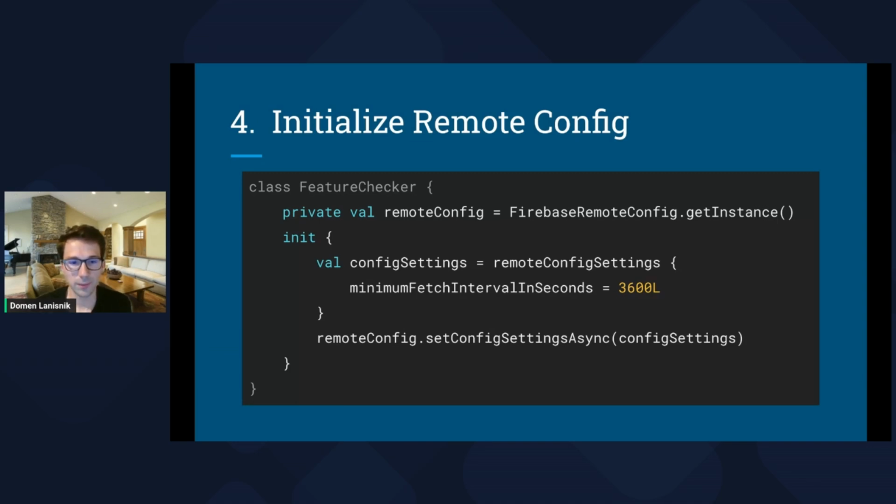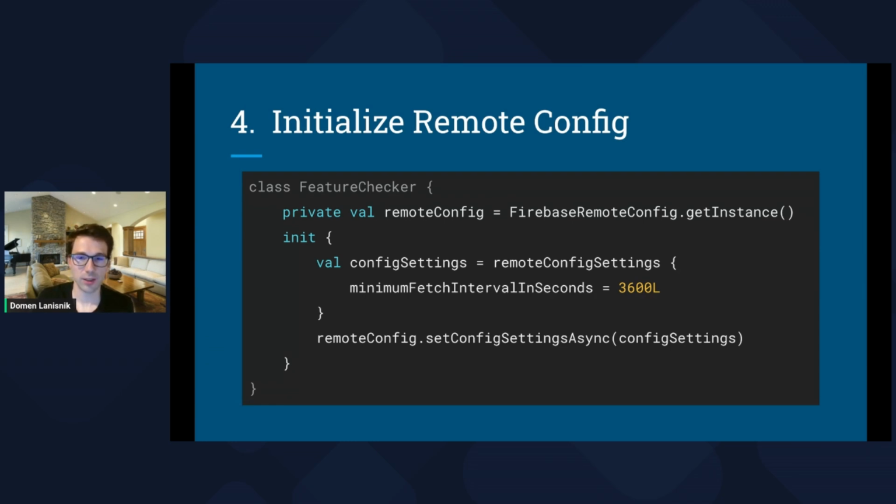And the minimum fetch interval is basically that Firebase Remote Config will periodically fetch new values from the backend, and you can change this value. If you're testing, so when you're developing, you can lower this value to maybe a few minutes or something.